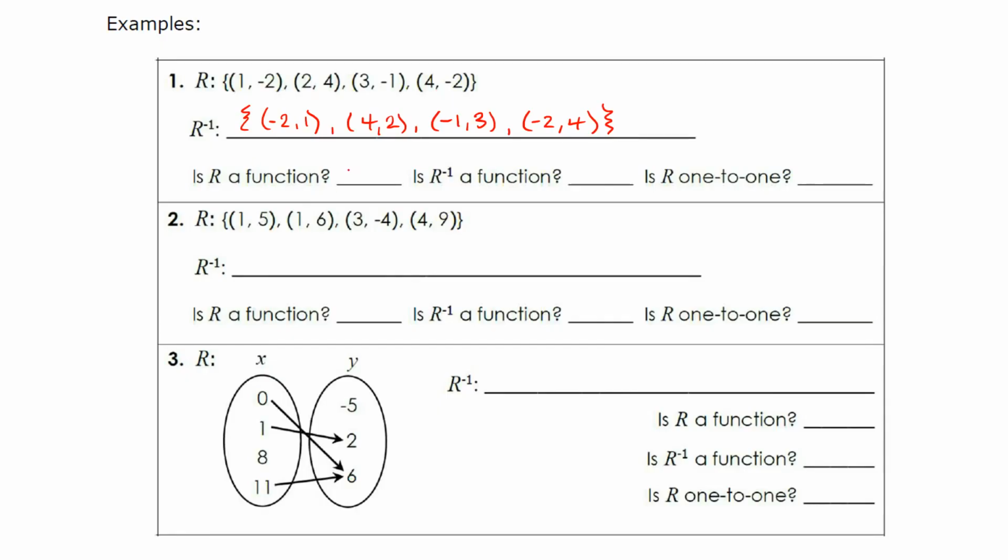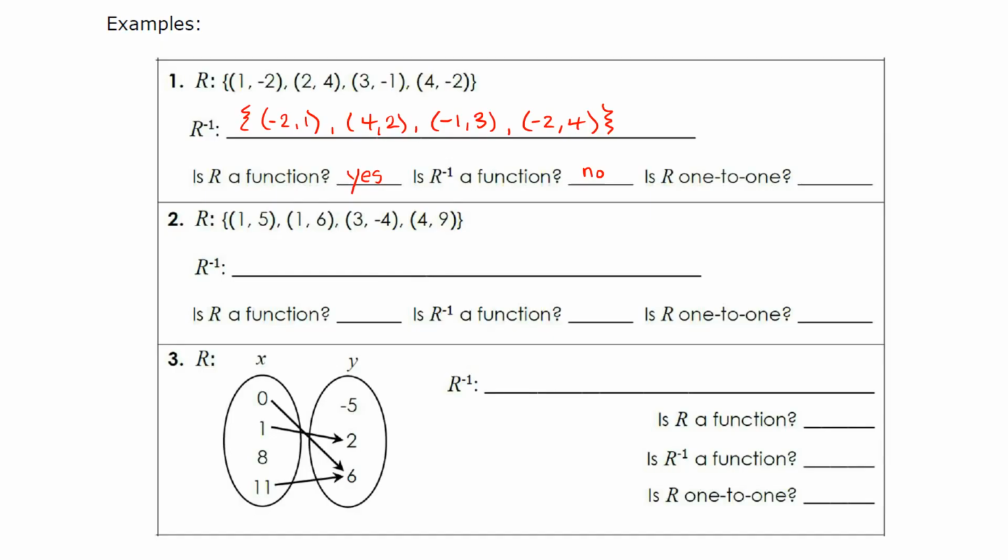And I do. Now, is the inverse a function? Well, if I plug in -2, 4, -1, -2, would I get only 1 y? No, because if I plug in -2, I'll get the values 1 and 4.